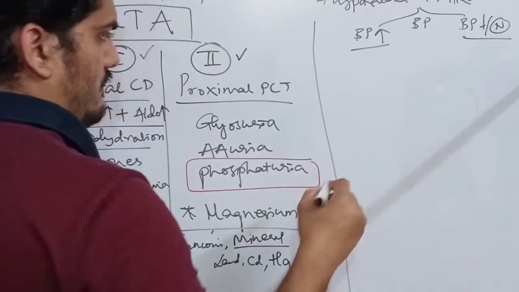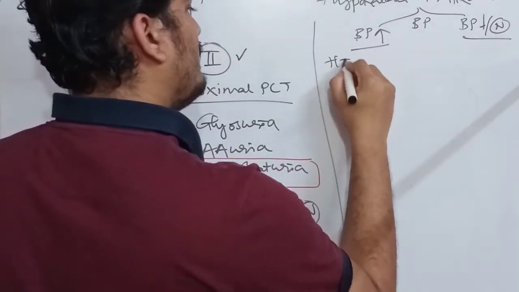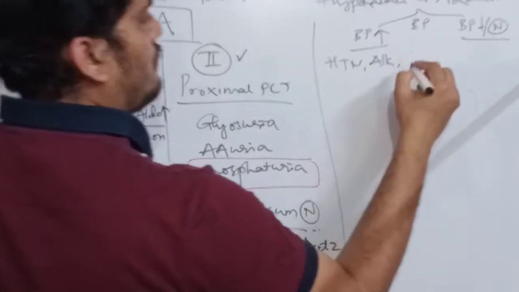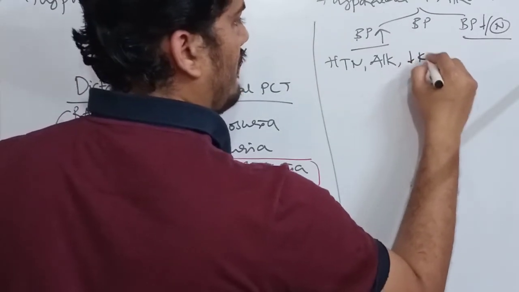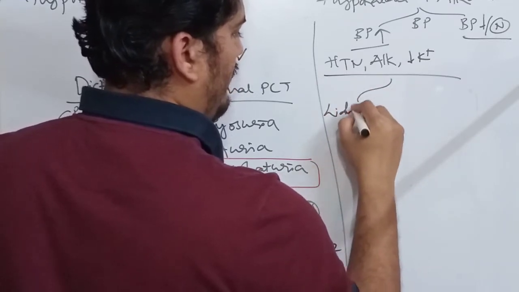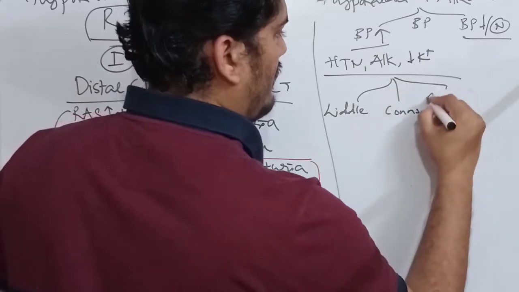We came to know that if the blood pressure is high, it becomes a spectrum, that is hypertension, metabolic alkalosis, and hypokalemia. So I told that there are 3 important differential diagnoses here. One is Liddle syndrome, next one is Conn's syndrome, next one is Cushing syndrome.